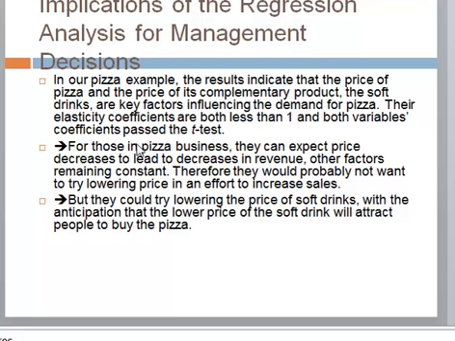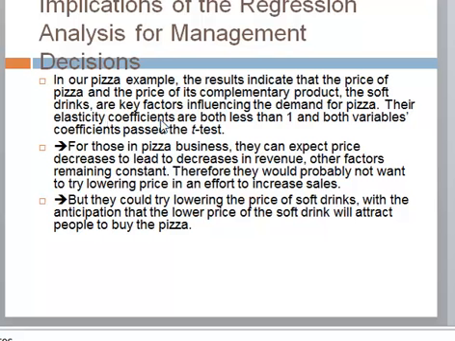After all of those analyses, now let's start our conclusion. We need to get into the implications of the regression analysis for management. In our pizza example, the results indicate that the price of pizza and the price of the complementary product, soft drinks, are key factors influencing the demand for pizza.